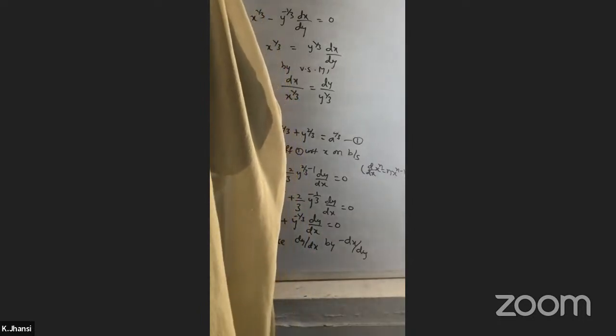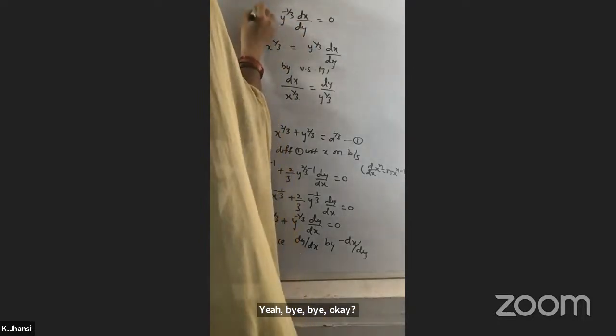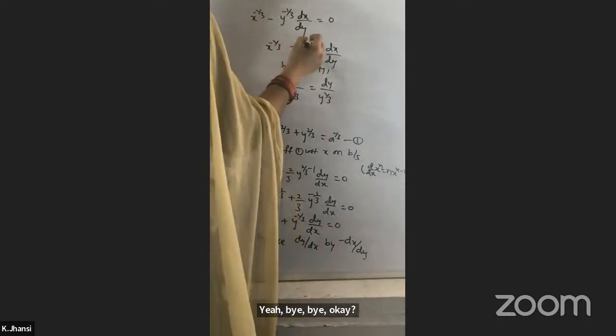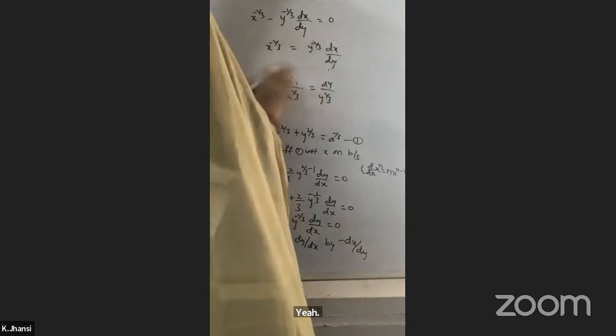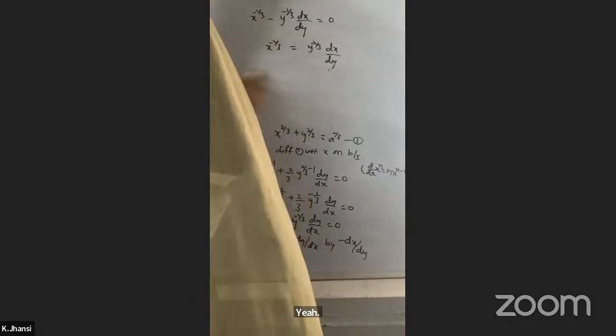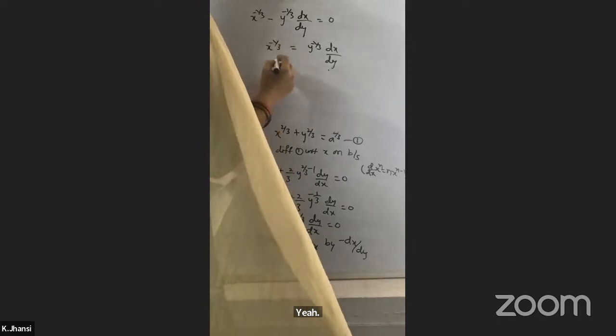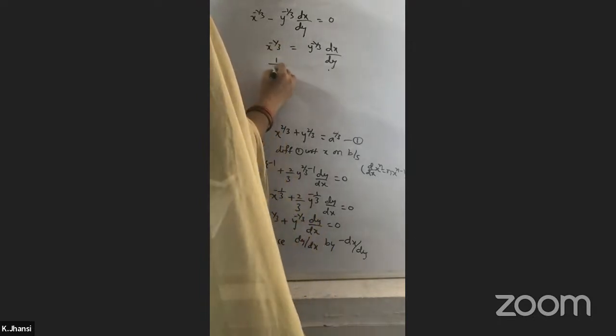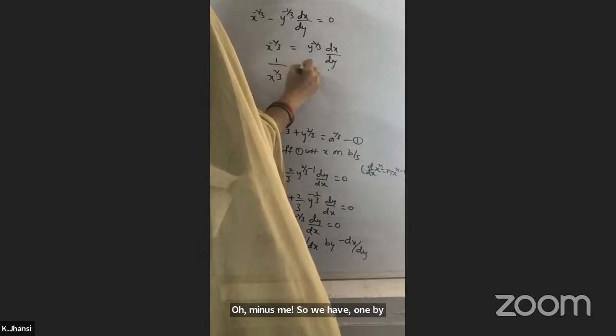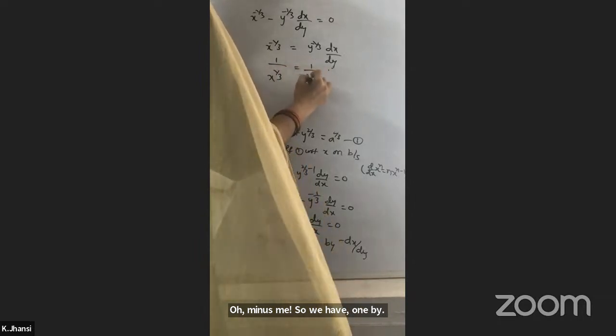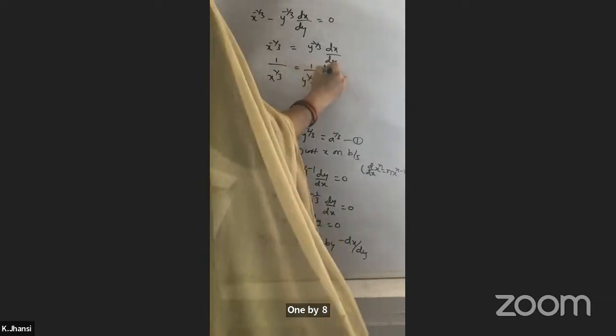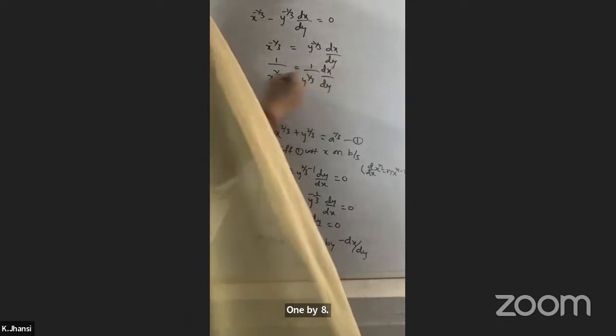I think we have done something wrong. Here we have minus, minus is there. You check the quotient. So minus means you will have 1 by x to the power of 1 by 3, and this is 1 by y to the power of 1 by 3 dx by dy.